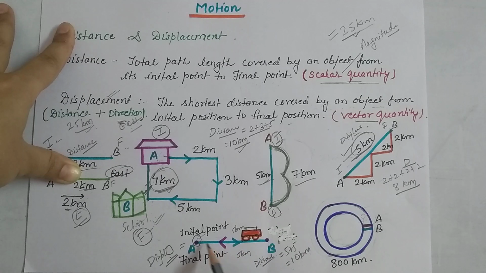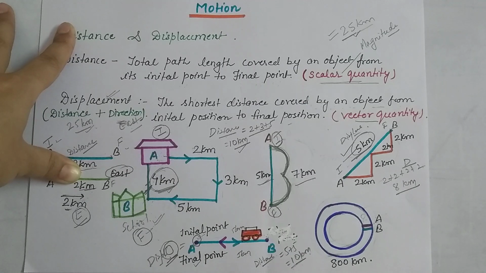Means you start moving from your home to your friend's house, and you cover 5 kilometer, and you see that your friend is not available at home. You just go back to your house. So the total distance is 10 kilometer, but displacement is 0.